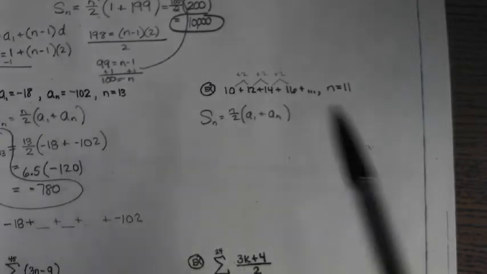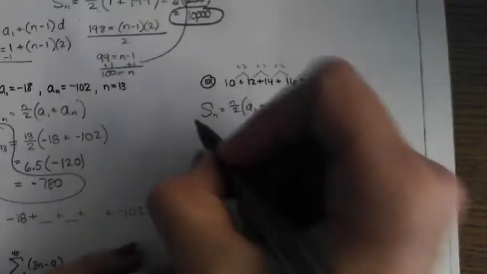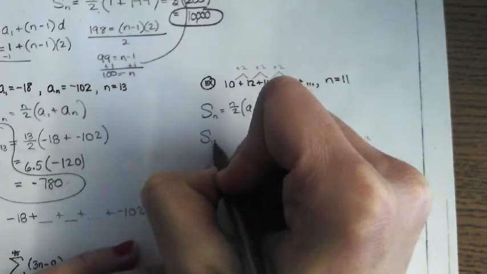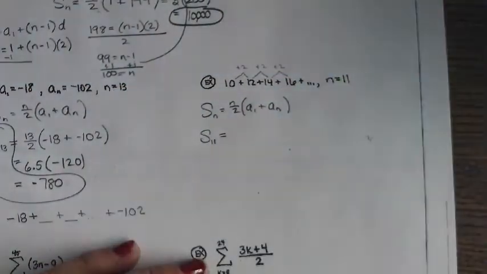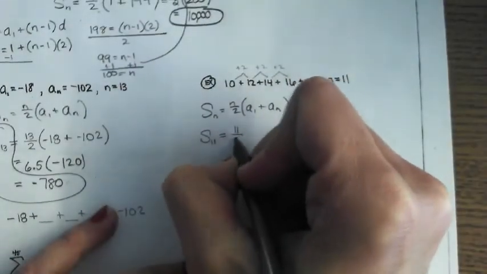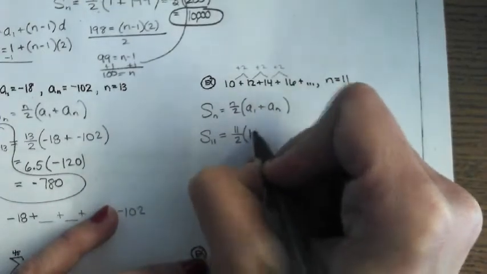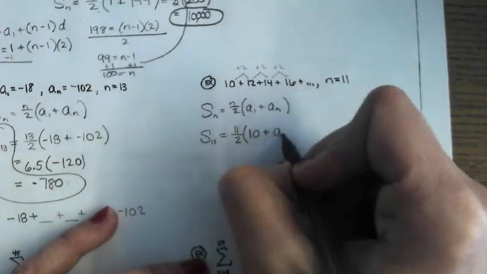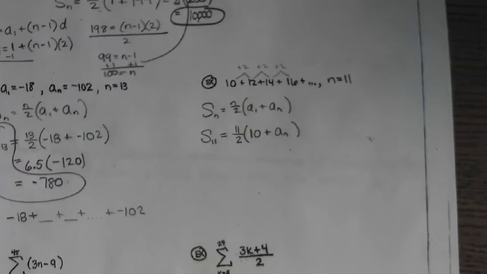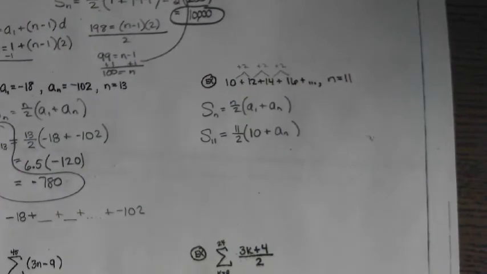I do know that n is 11, so I'm looking for my series total through 11 terms. So n is 11. My first term is 10, and I have a problem, right? Because I don't know my last term. So I'm missing something. How do you find it?